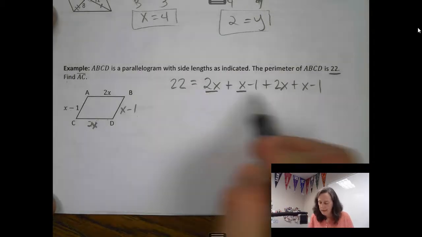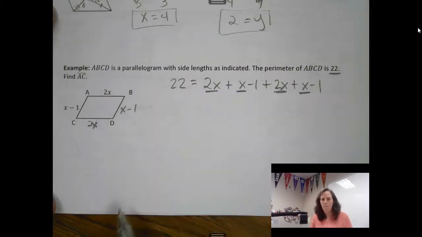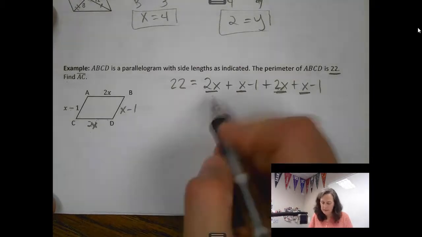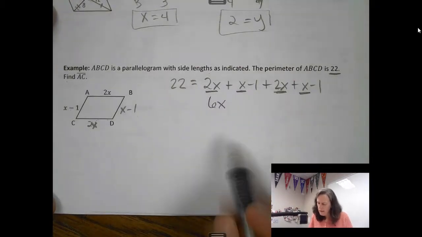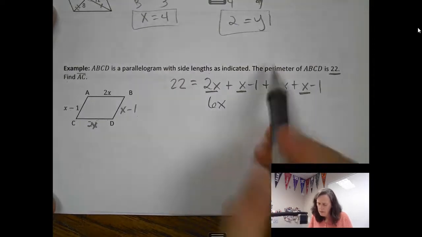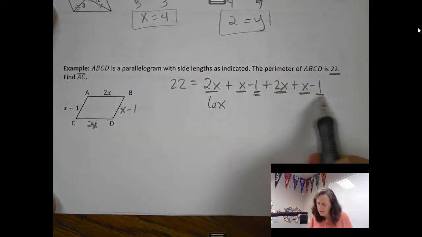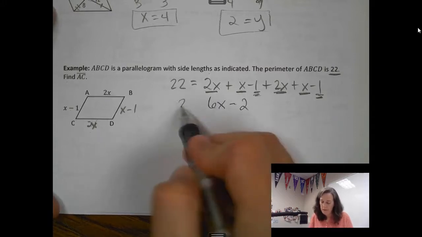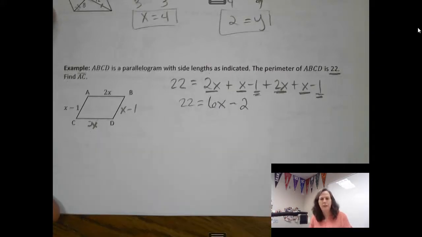So let's get all our like terms together. 2, 3, 4, 5, 6 x's all together. And then we have a minus 1 and a minus 1. So minus 2 together. So we combined our like terms. And now actually this looks more like one that we do all the time, right?